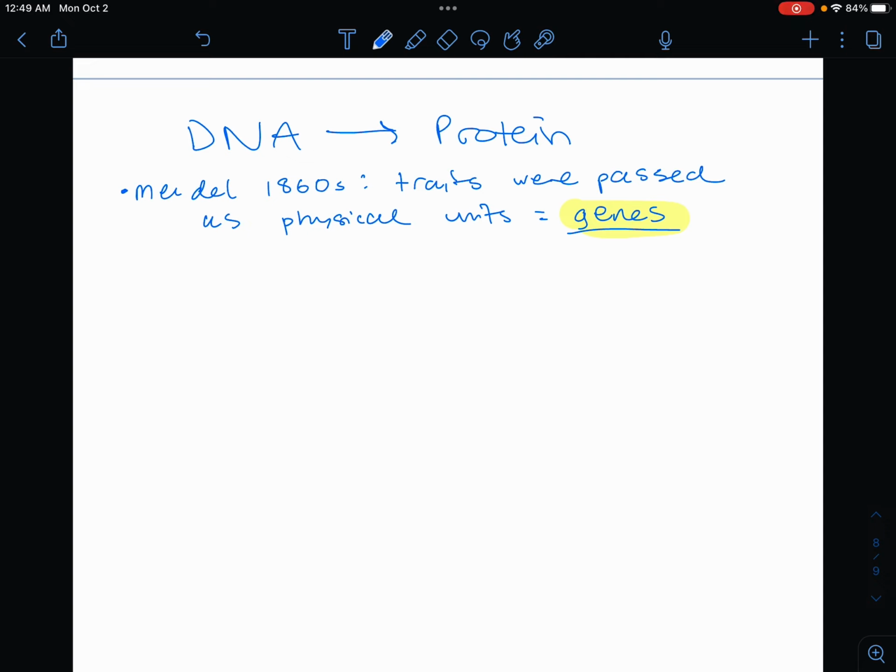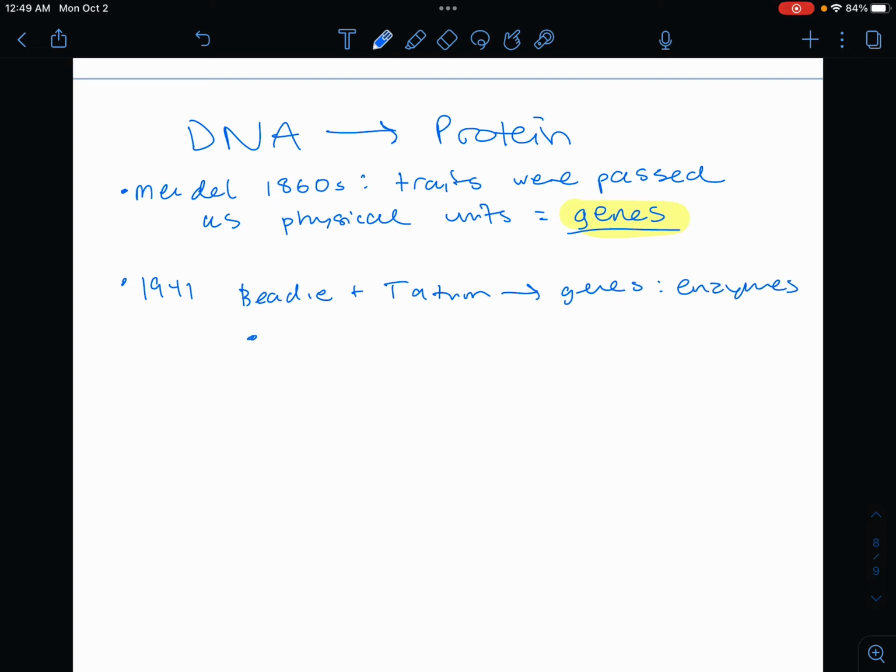Later on, two other scientists in 1941, Beadle and Tatum, reported that genes created enzymes.